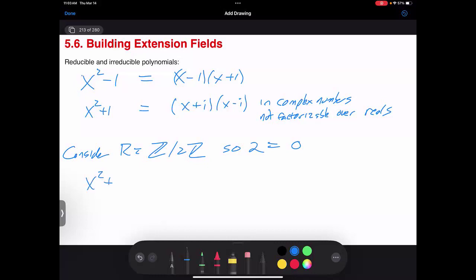So x squared plus 1 is the same as x squared plus what? Yes. So what would that equal? Yeah, x plus 1 times x plus 1. So whether or not something can be factored depends on where we view it. So x squared plus 1, I can factor this over the complex. I can factor this over Z mod 2Z. I can't factor it over the reals.